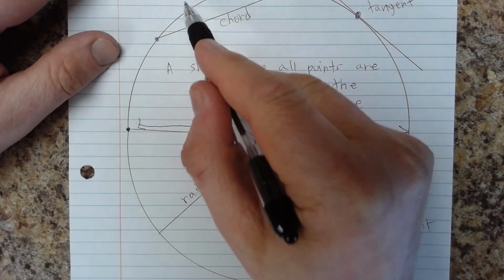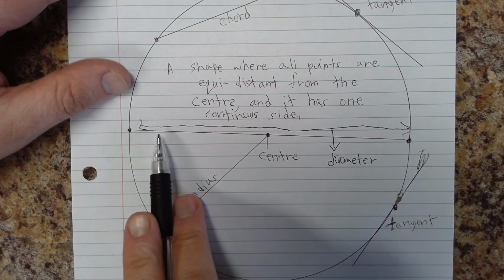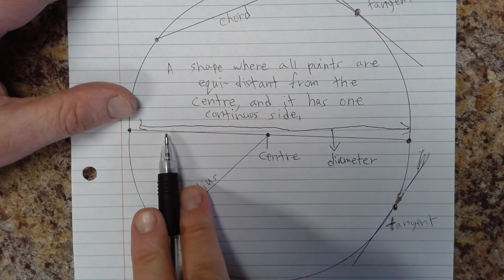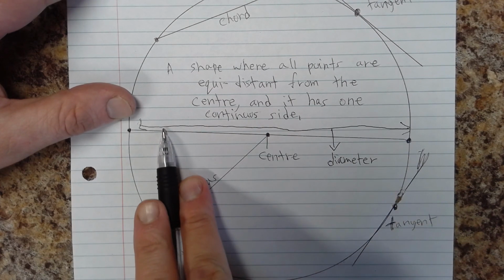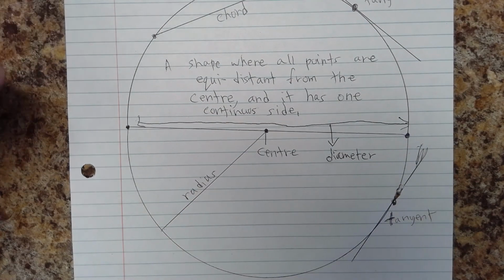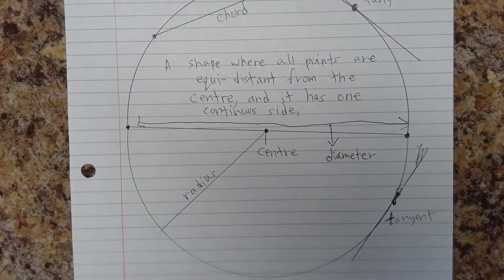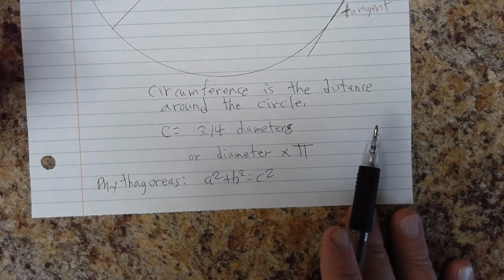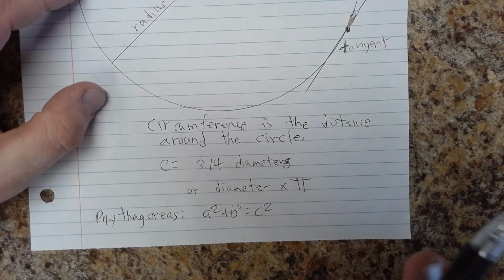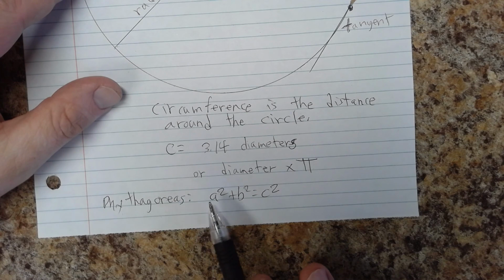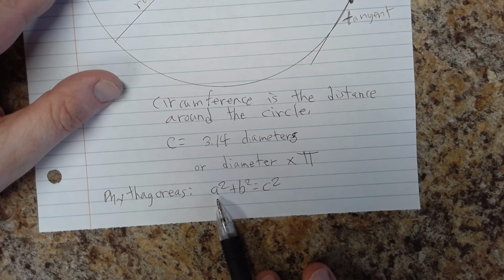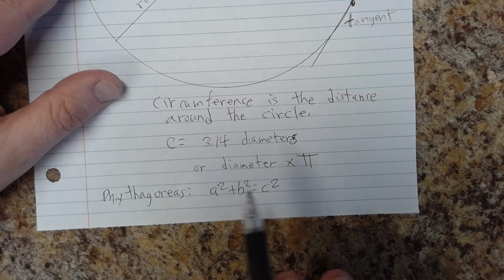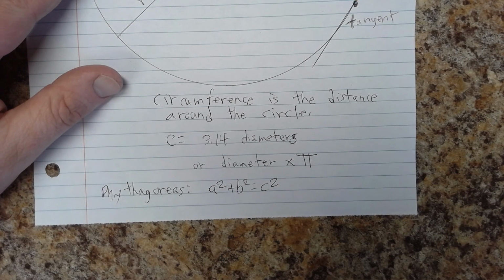If I was to put a triangle in here, the line in the middle of the circle is straight, therefore it's got a right angle. Just mentioning that. It'll come up later. You don't really need to understand the whole thing about the triangle in the circle. Just want to give you a heads up right now that a squared plus b squared equals c squared. Pythagoras will be coming up.